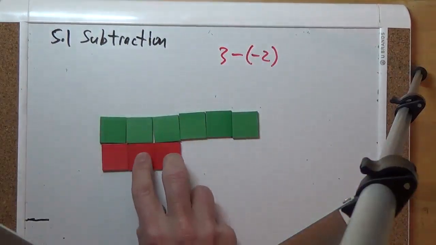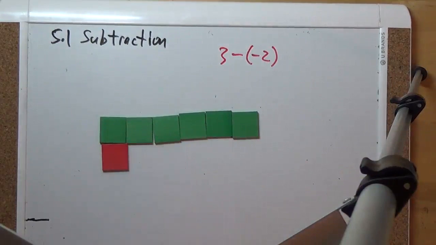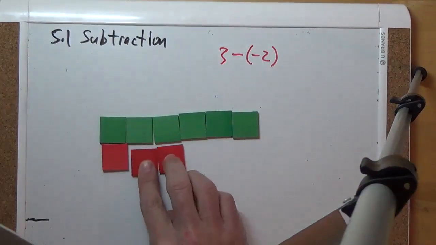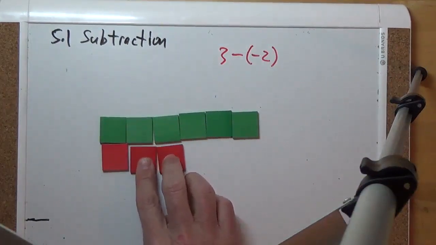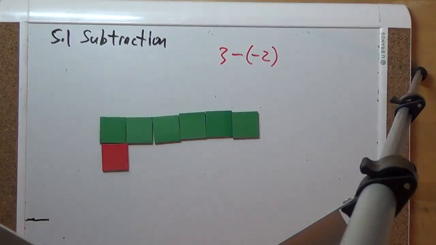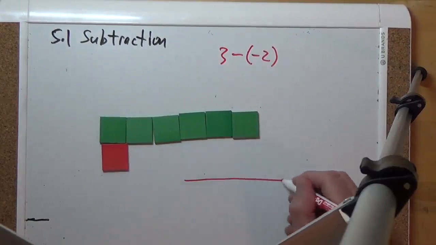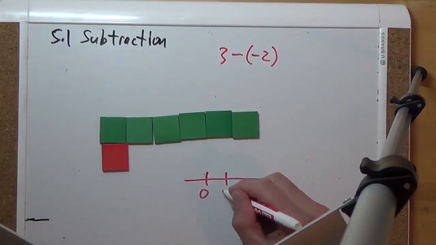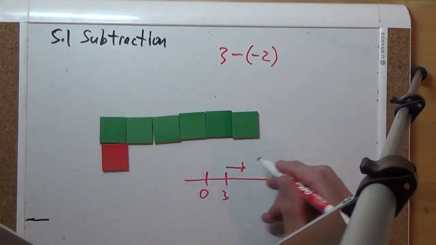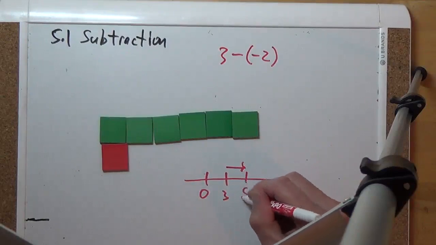I'm taking away -2. The physical action of taking away. Which way did I just move on the number line? I went from 3 to 5. So I started at 3. I took away -2, and look at that.